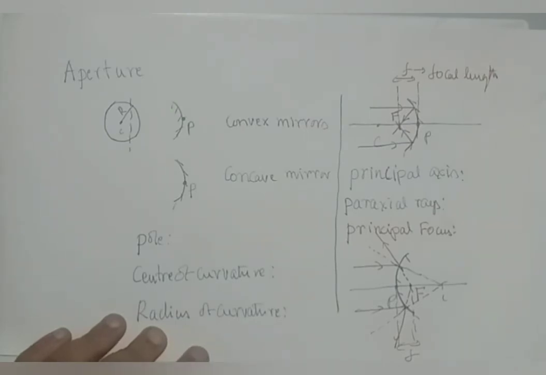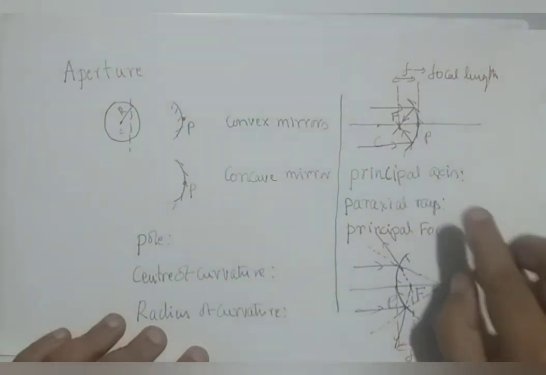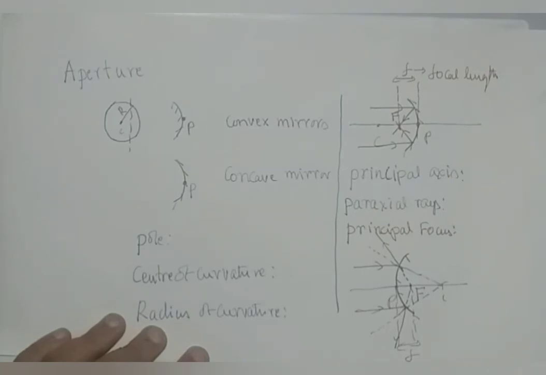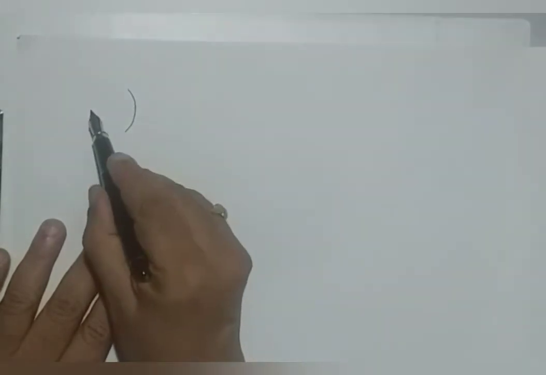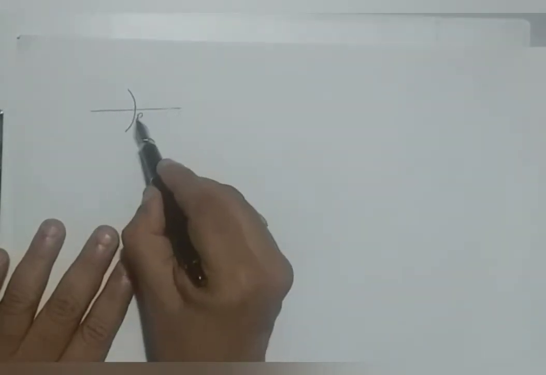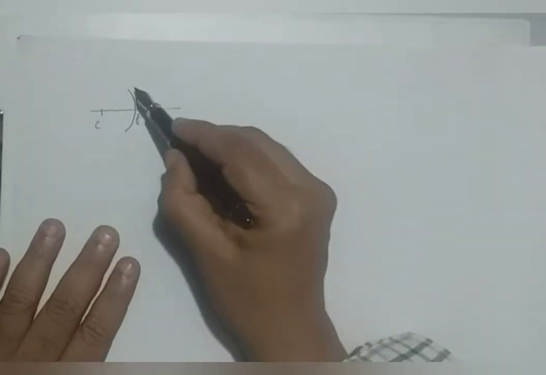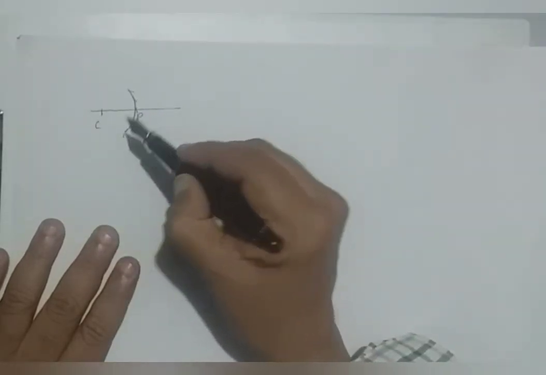And at the same time, we can think of one more definition, the focal plane. Focal length we learned, now the focal plane. It is a plane containing the focus and perpendicular to the principal axis. If you want, I write the diagram like this. Just observe. I write a mirror again like this, this is the pole, this is the center of curvature, and it is a concave mirror.